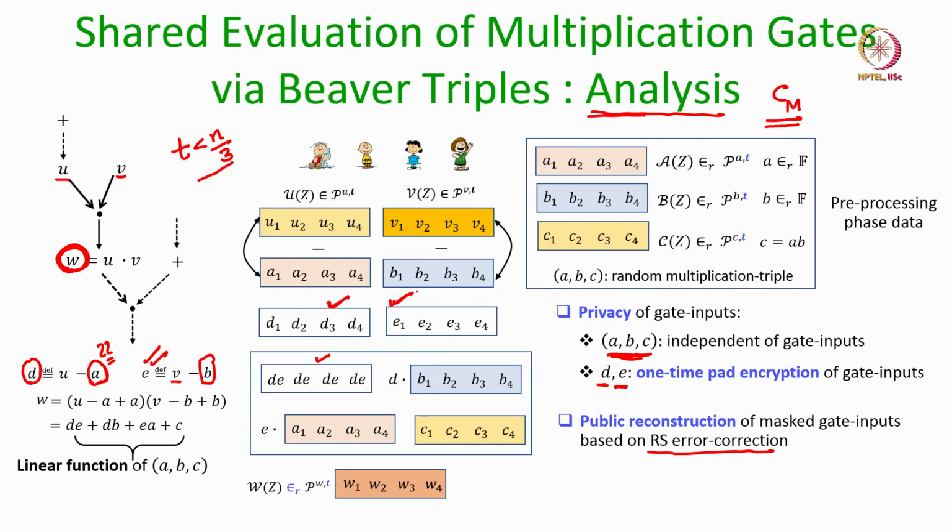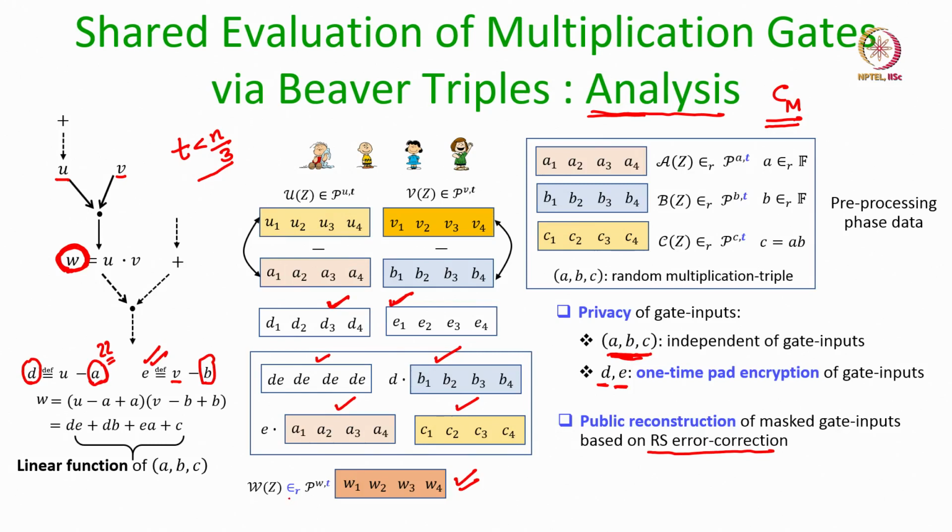Even if up to t corrupt shares for E are made public, they can be error corrected and hence E can be reconstructed correctly. Now, once D and E are correctly reconstructed, the secret sharing of W is computed non-interactively as a linear function of the t-sharing of B, the t-sharing of A and the t-sharing of C, which guarantees that the resultant secret sharing of W is through a t degree polynomial.